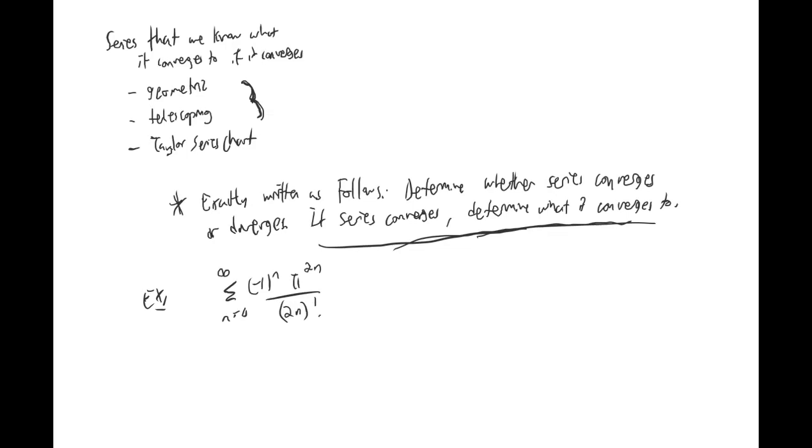Well, is this geometric? Probably not. There's a factorial there. Is this telescoping? Terms don't really cancel out, so no. So then you just ask, is this in the Taylor series chart? And sure enough, it is.